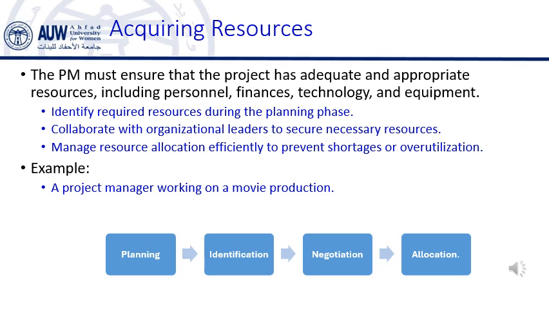This can involve negotiating contracts, making purchases, hiring people, or securing funding. Example. In a software development project, the PM might need to secure developers with specific skills, such as proficiency in a programming language. The PM may need to either hire new team members or contract with an external company to provide the right talent.